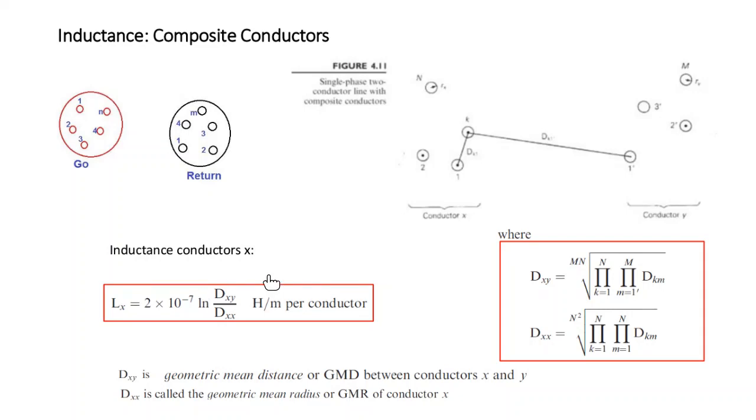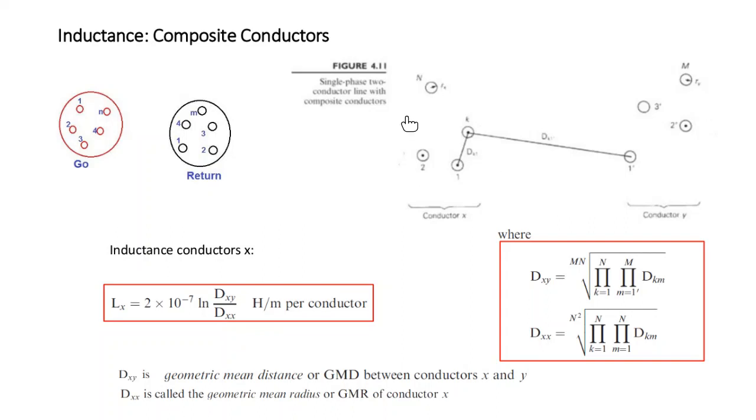Remember that when we worked on a solid cylindrical conductor, a single phase solid cylindrical conductor, we multiplied the distance, just D. Here we have the geometric mean distance, D_xy, over the radius, D_xx. So it's not R now, this is a geometric one because we need the radius of the whole conductor here.